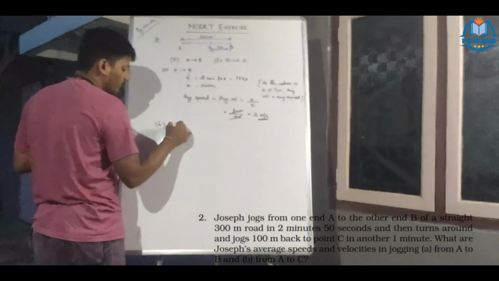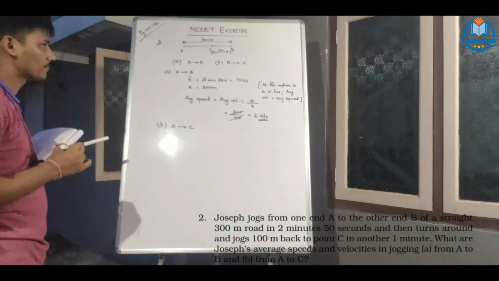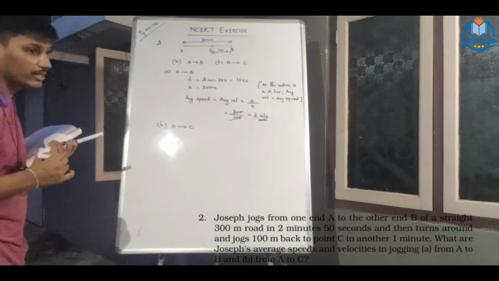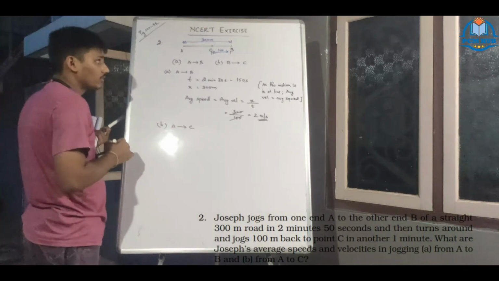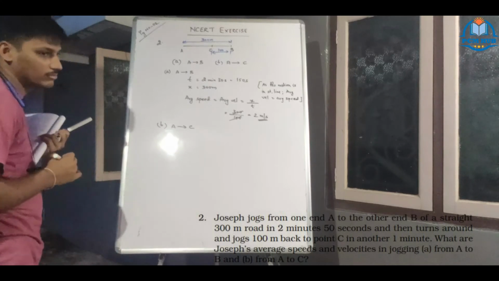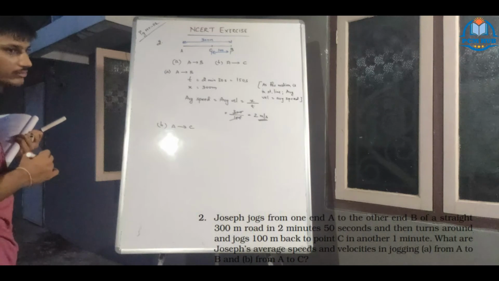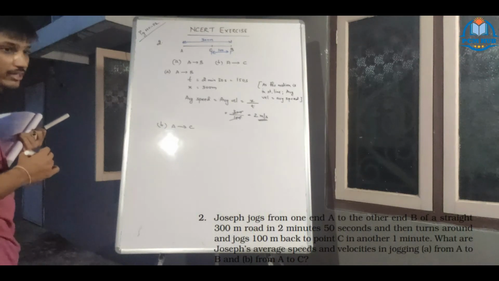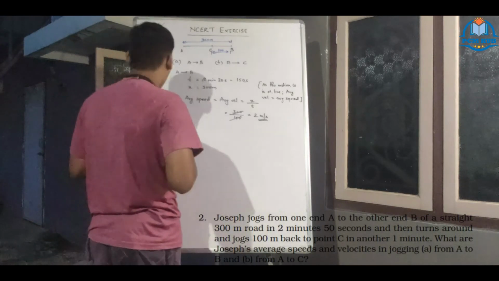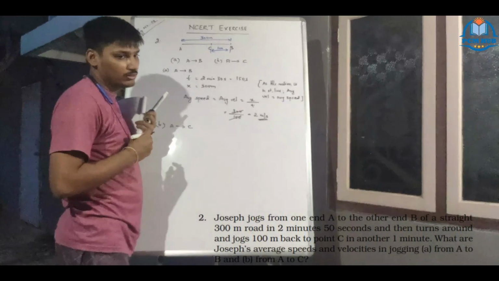Now we will take the total journey A to C. Here you need to use the average velocity formula and average speed formula separately. Average speed formula separate, average velocity formula separate.